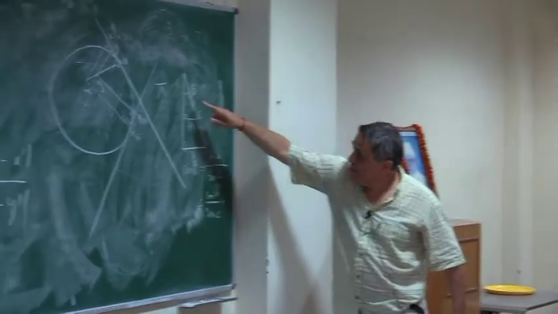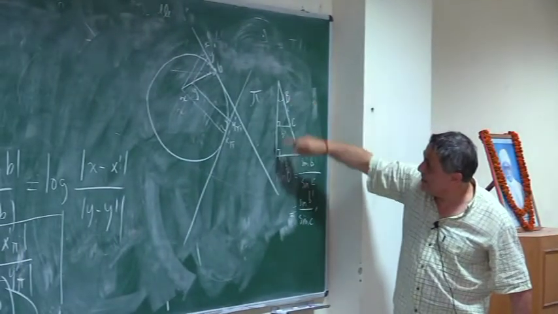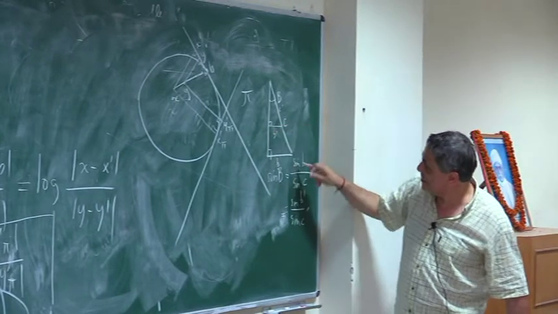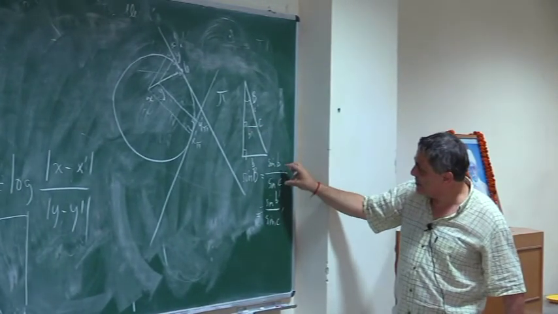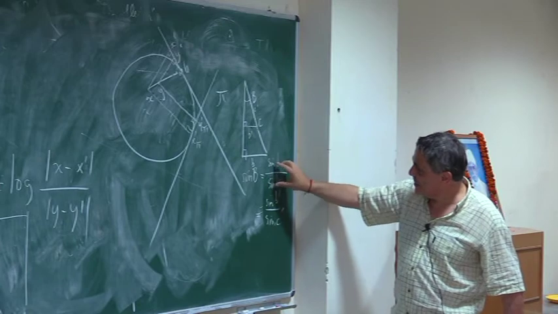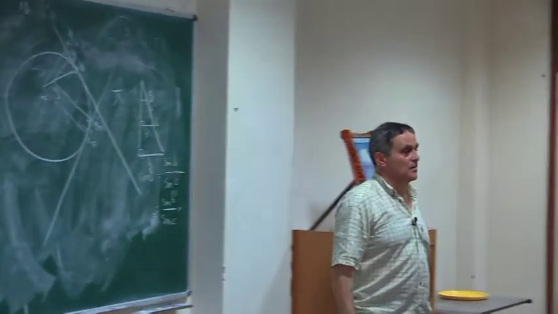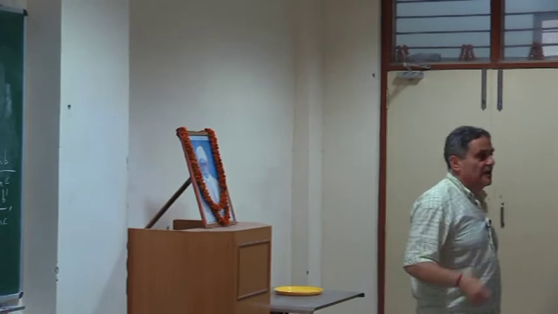So these triangles are not similar in spherical geometry, but I have this relation like for similar triangles, inserting the sines. And in hyperbolic space, I have the same thing, inserting the hyperbolic sine.